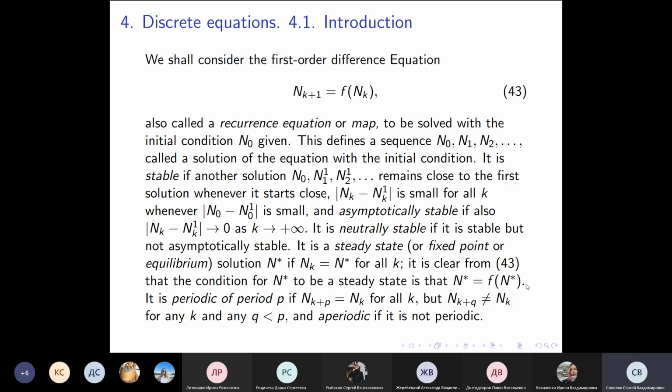Next, the solution becomes periodic of period p if n_{k+p} is n_k for all k. Then the solution is periodic. And we can see that p is the minimum period.